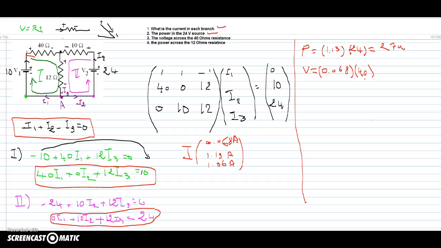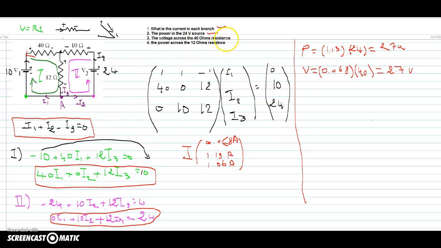So what is this? 40 times 0.068. So 2.7 volts, of course. I'm running out of time because the video will stop at 15 minutes.